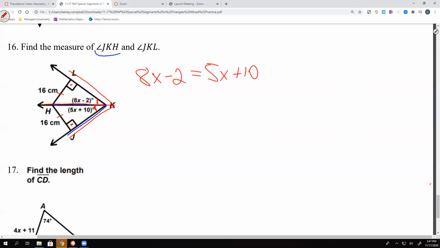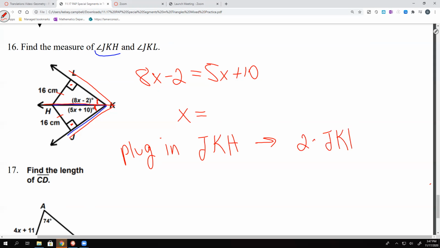Okay, so you solve it, you find x, and then you plug in. You plug into JKH, and then, since we know that JKL is the whole thing, you would do 2 times JKH, and that gives you JKL.